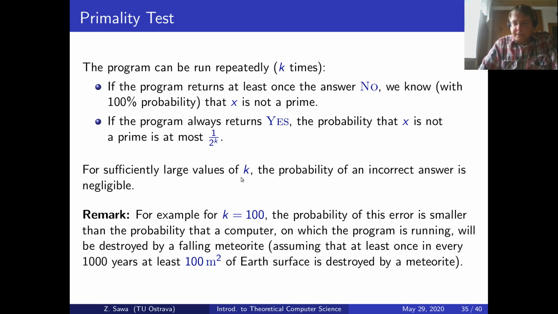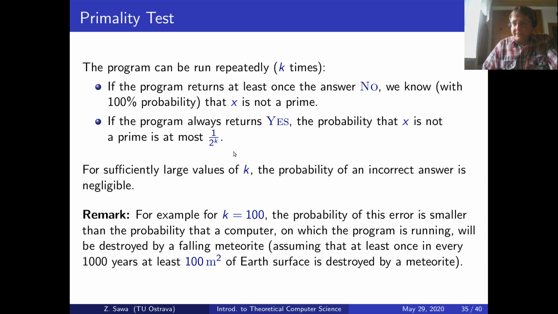So the probability of such an error is in fact smaller than the probability that the computer on which the program runs will be destroyed by a falling meteorite, assuming that every 1000 years at least 100 square meters of Earth's surface are destroyed by meteorites. So the probability of being hit by a meteorite would be bigger than the error produced by this algorithm.